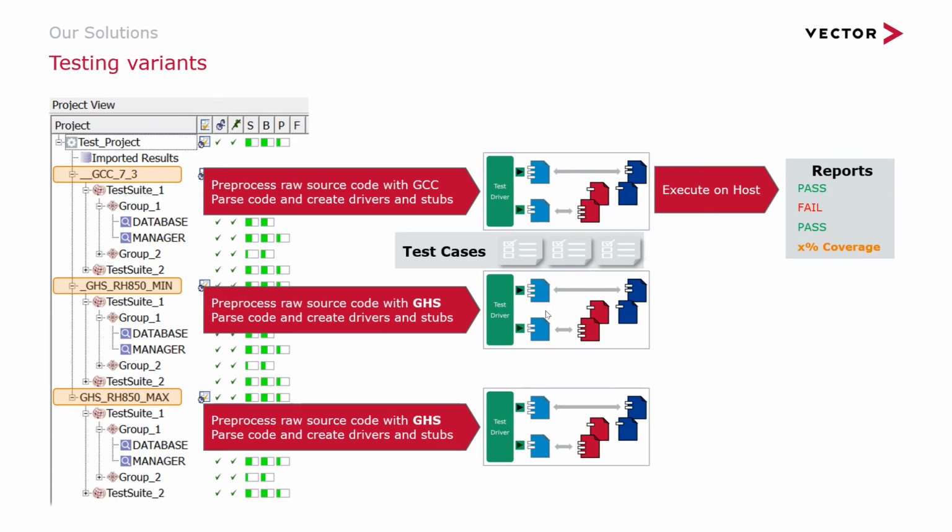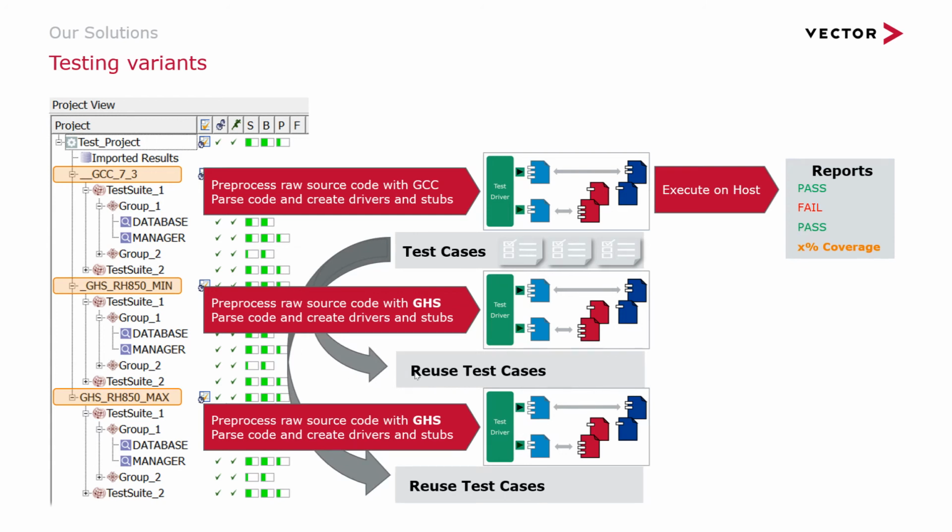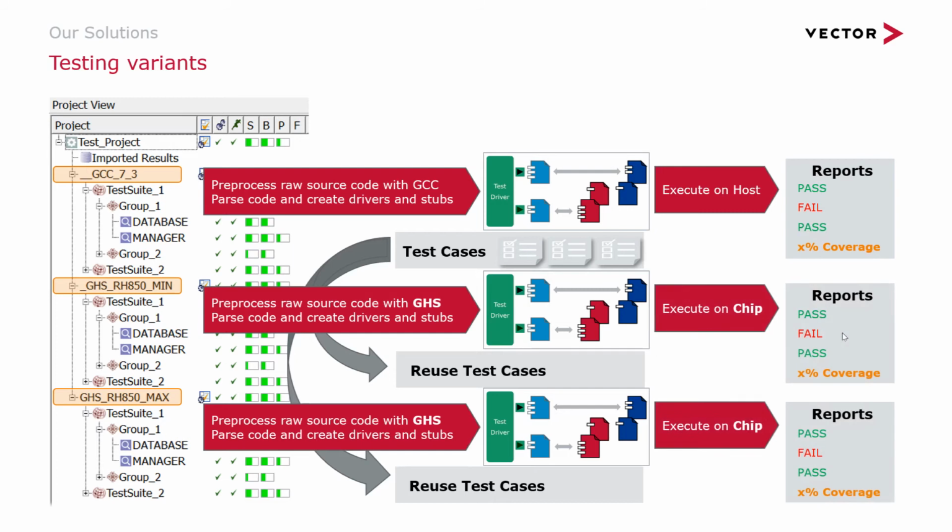That means in this case, you will not get a Windows executable. You will get an ELF file or a hex file for your chip. But we can reuse the test case data that was created using GCC and then run and verify that the code still works on the real chip, on the embedded hardware.